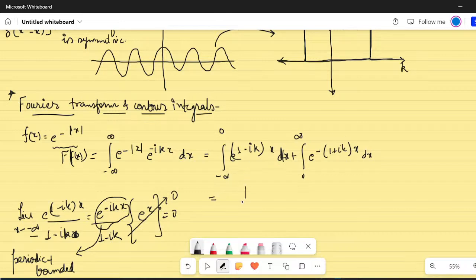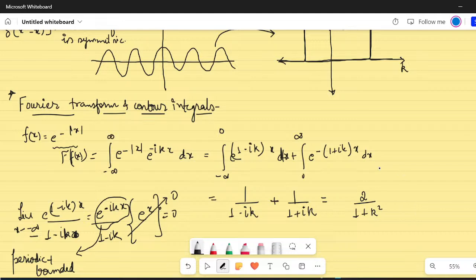So eventually if I want to write the integral, it will be like this, and it is 1 upon 1 plus, okay, and it would look like 2 upon 1 plus k square.